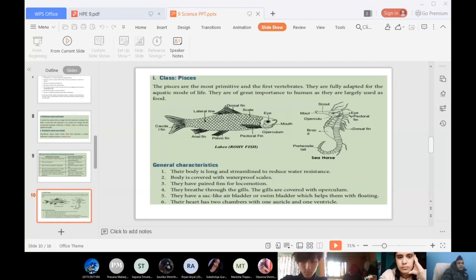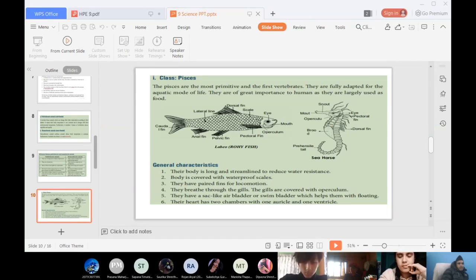Or let's say up to here head and the remaining is trunk. One characteristic done. Second one, their skin is thin, soft and moist. Remember, their skin is thin, soft and moist.